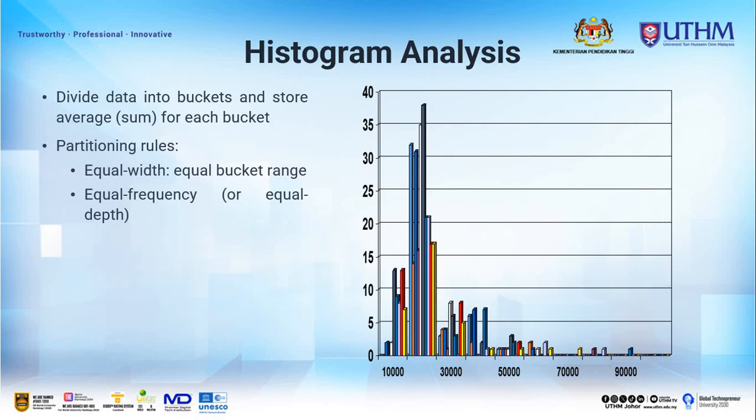Generally, histogram analysis is a simple yet effective method for data reduction and visualization. By dividing the data into buckets and summarizing it, a histogram provides a clear picture of the underlying data distribution. This technique is widely used in exploratory data analysis (EDA) and pre-processing steps, in order to understand the data.